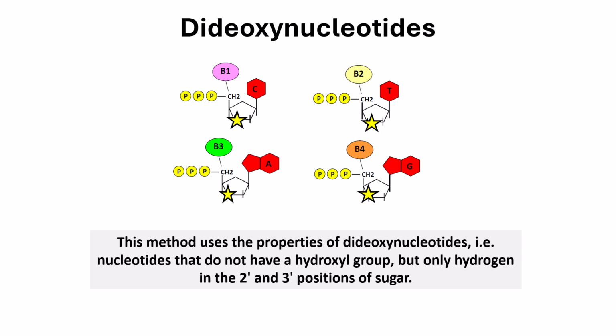Apart from this, these dideoxynucleotides are marked by fluorescent dye. So we have cytosine nucleotide marked with a particular dye, thymine, adenine, and guanine nucleotides too. Not only are they lacking the OH group at the 3' end, but additionally they have a colorful marker attached.